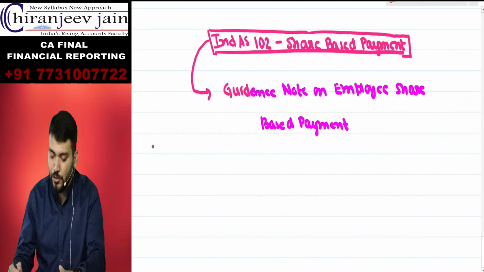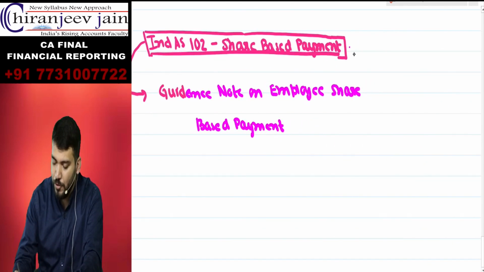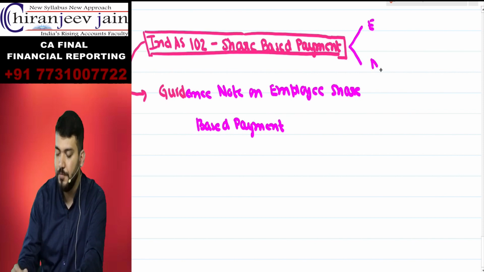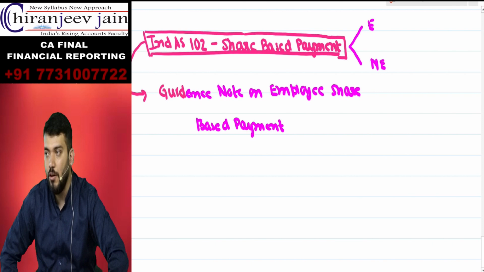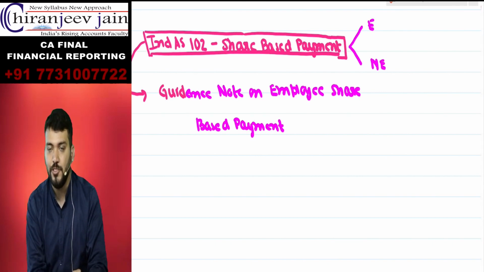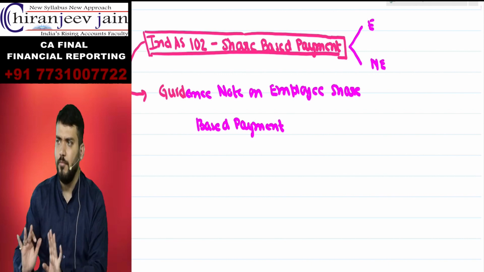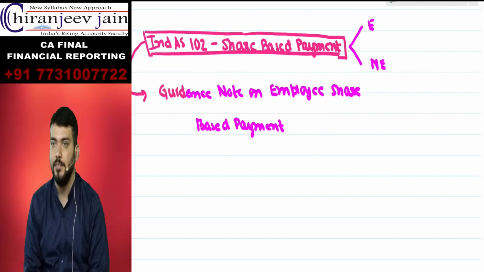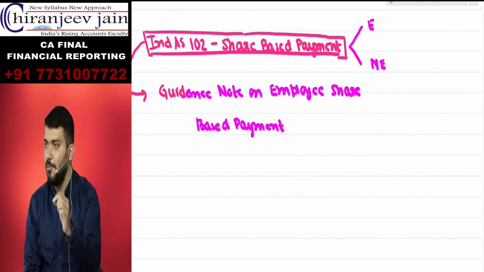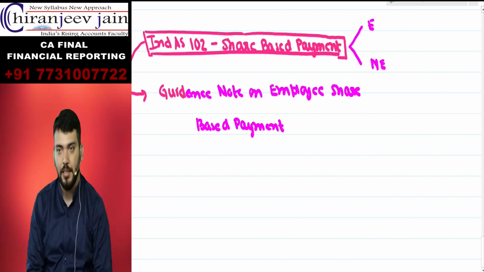When I am coming to Ind AS 102, it can be both employee and non-employee. All types of share based payment, excluding something that we need to understand. But when I am saying share based payment, it will include both employee and non-employee. Understood?